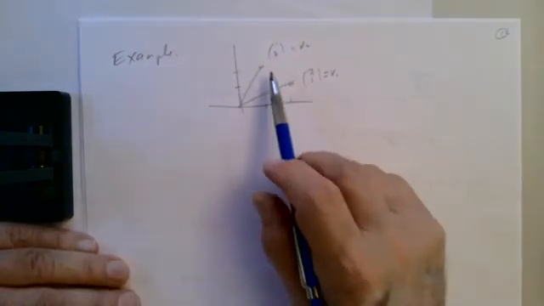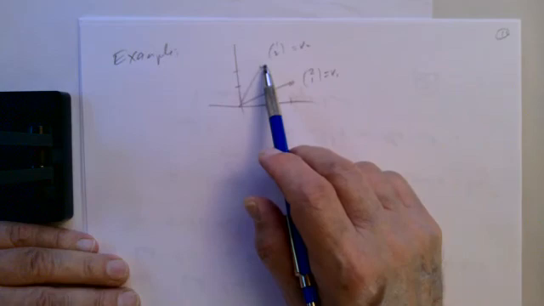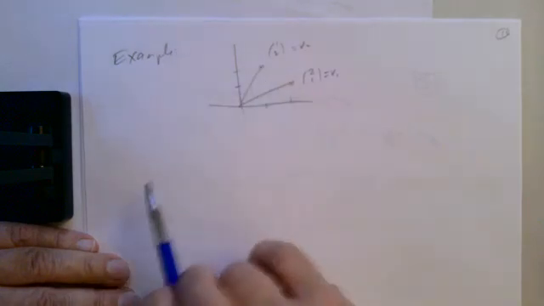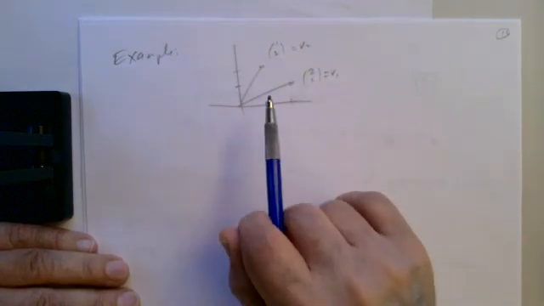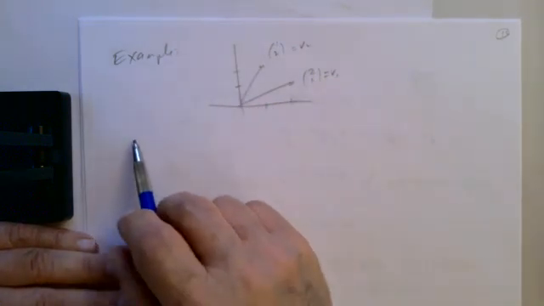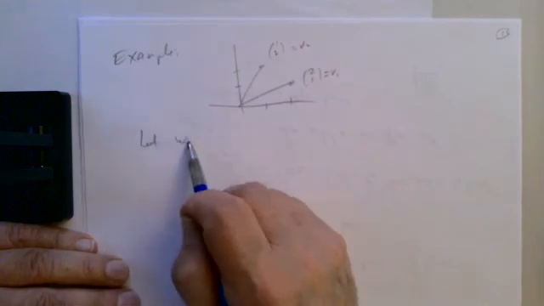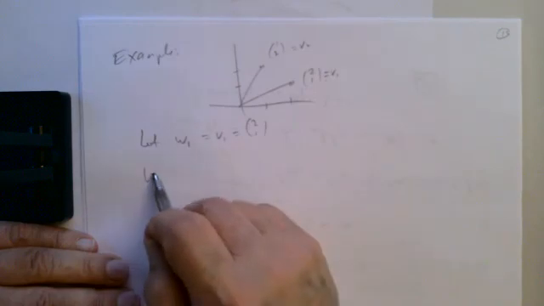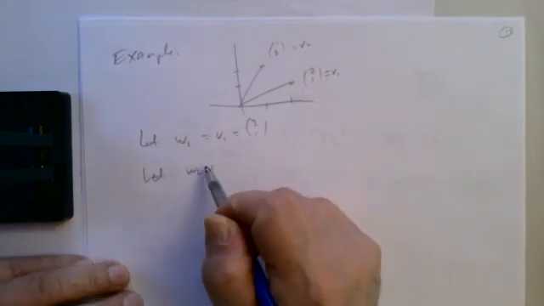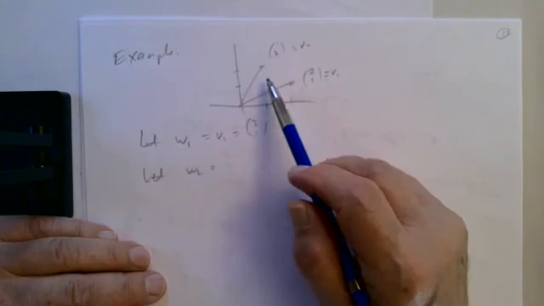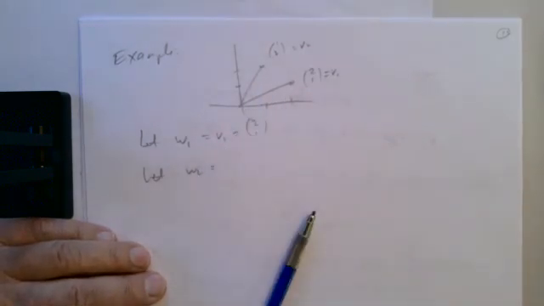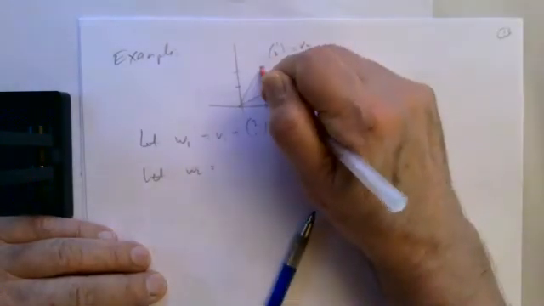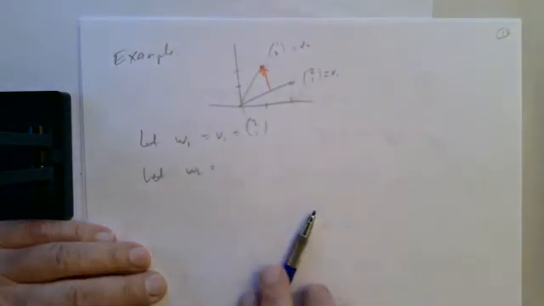But how do we find a vector perpendicular to V1? So let's say we let W1 be the same as V1, and let W2, let's just take the component of V2 that's perpendicular to V1.